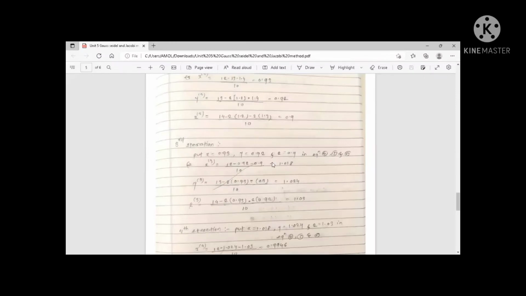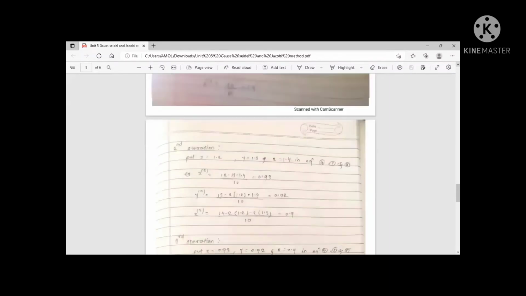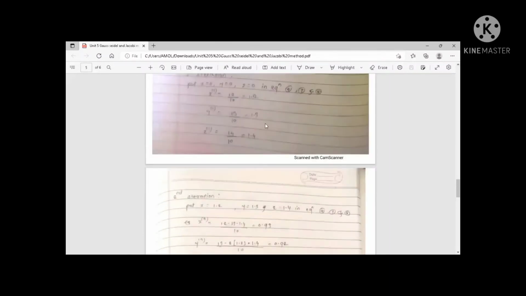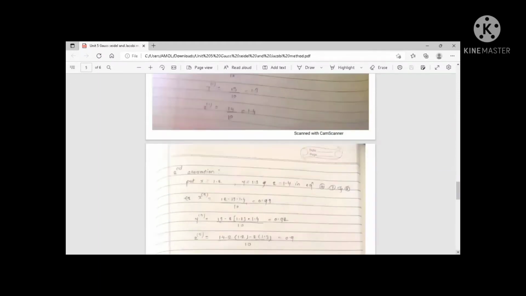Now, how many iterations do we have to do here? Your answer must be correct up to 1 decimal place, 2 decimal places, or 3 decimal places. At that time, you stop there. In the first iteration, the values of x, y, z are 1.2, 1.3, 1.4. In the second iteration, they are 0.93, 0.92, 0.9.